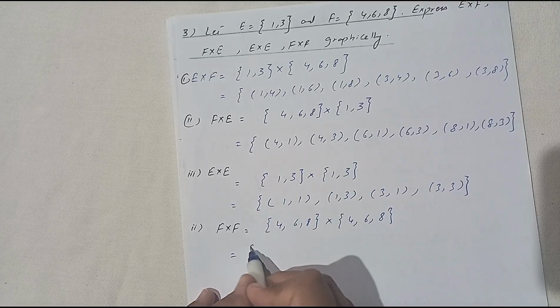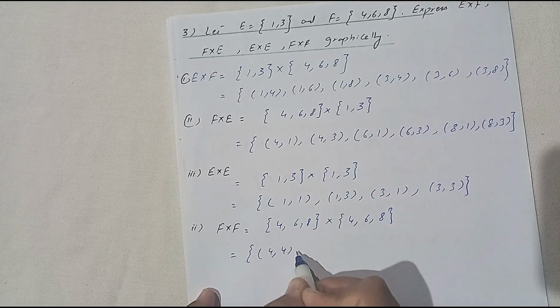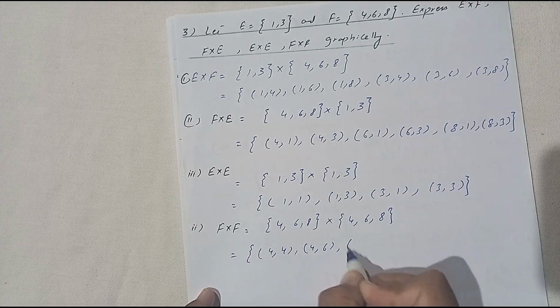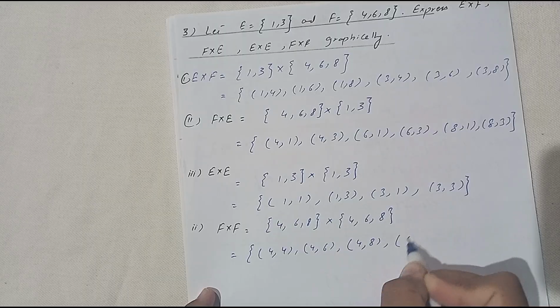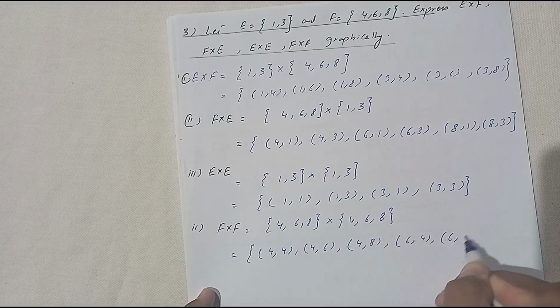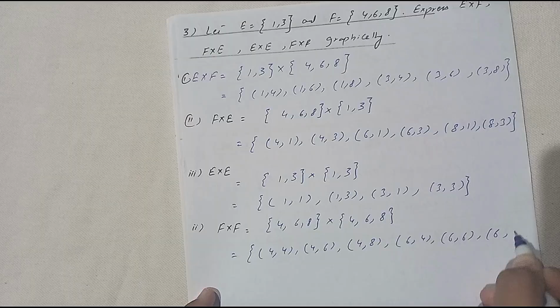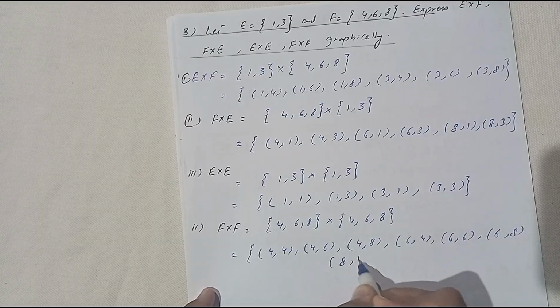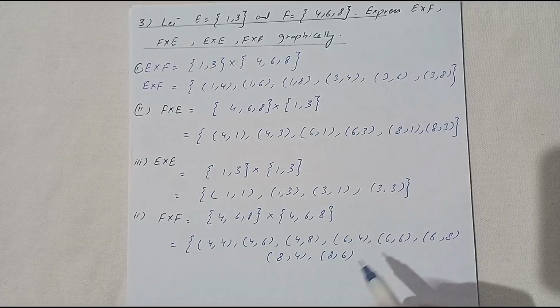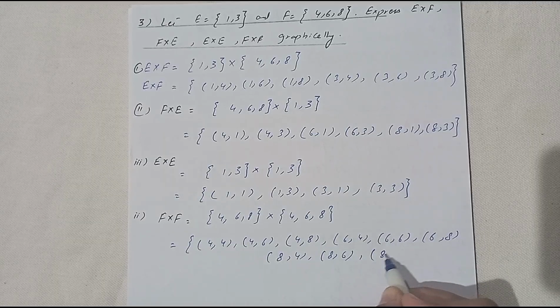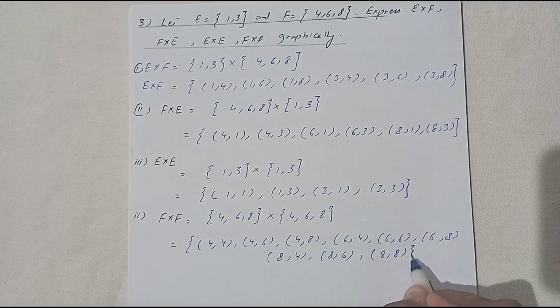So here the ordered pairs are 4,4; 4,6; 4,8; 6,4; 6,6; 6,8; 8,4; 8,6; and 8,8.